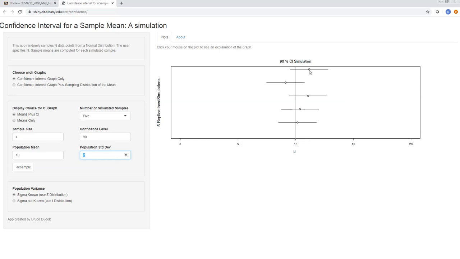First sample had an average of 11-ish, and we constructed a 90% confidence interval. These two lines represent my lower limit and my upper limit. And you can see here's the mean, right?